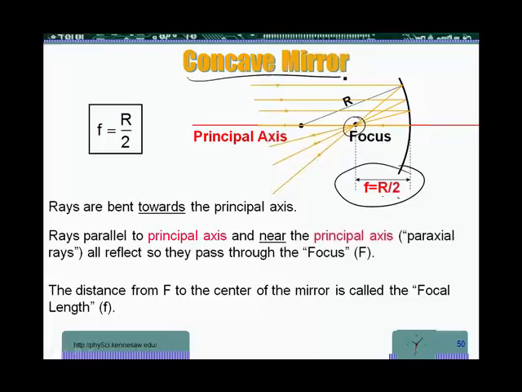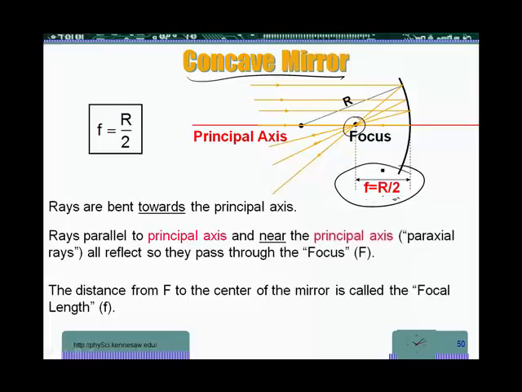So for concave mirrors, under the approximation where the radius of curvature is so big compared to the size of the mirror itself, the focal length, or the point where the mirror is going to focus parallel light beams, is going to be at r/2. At half the radius of the mirror.